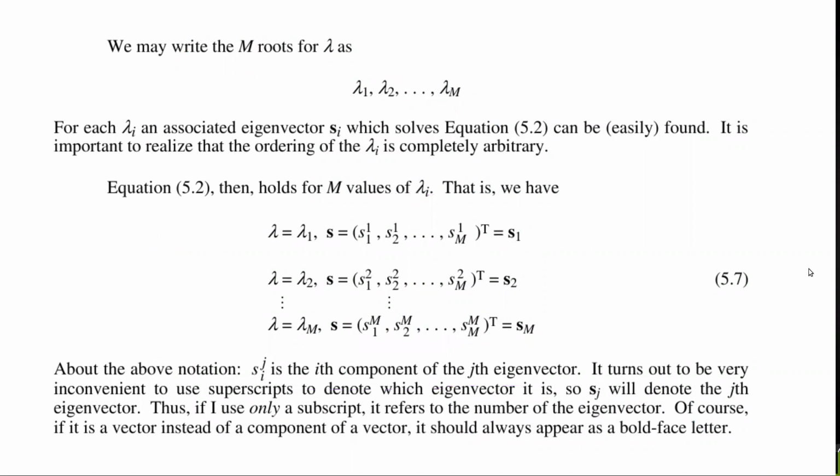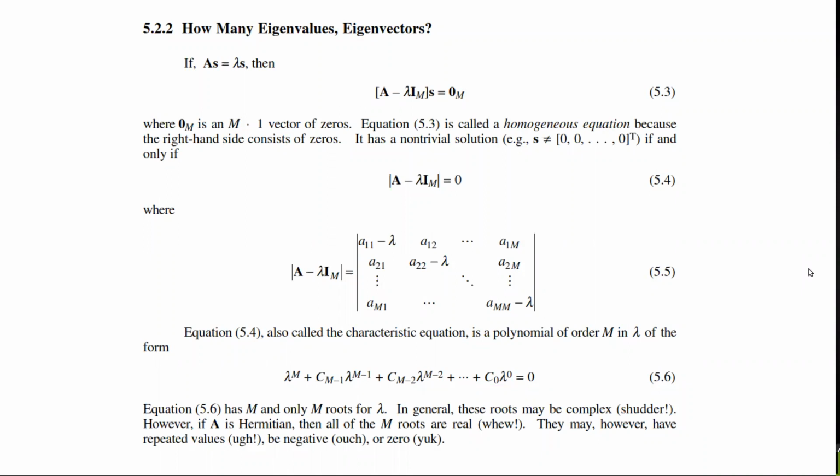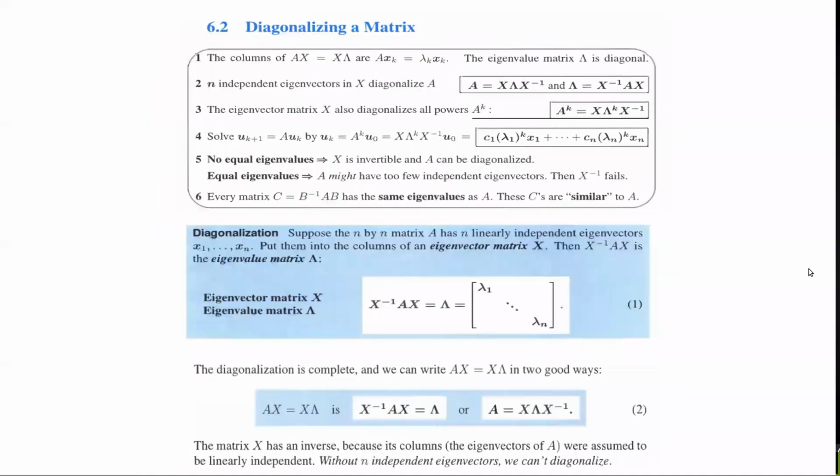The catch here is why we're interested in finding eigenvalues and eigenvectors: in most physical problems, it is to decompose the matrix. By decomposition we mean that we have a matrix A and we want to write A as, say, X lambda X inverse. Another name for decomposition is diagonalizing.